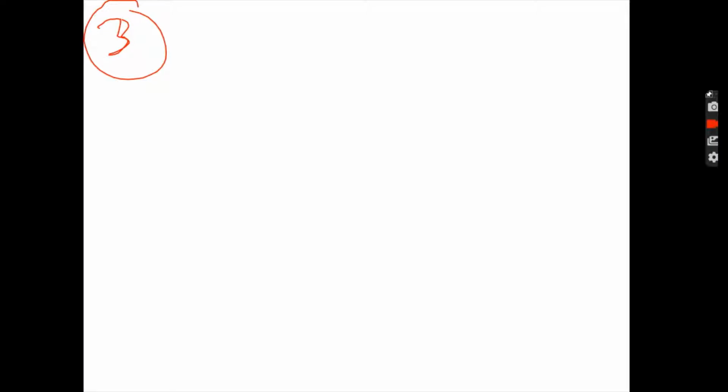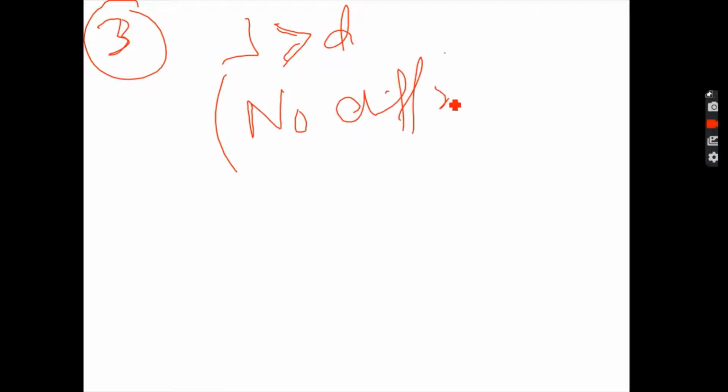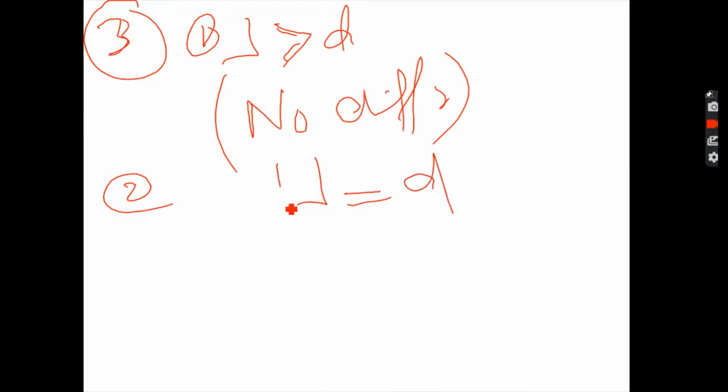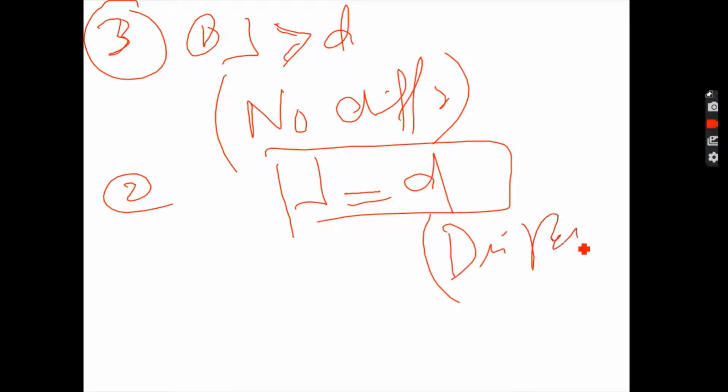The number one is when wavelength of light is greater than D, then no diffraction occurs. The second option is when wavelength is equal to D, diffraction is possible.